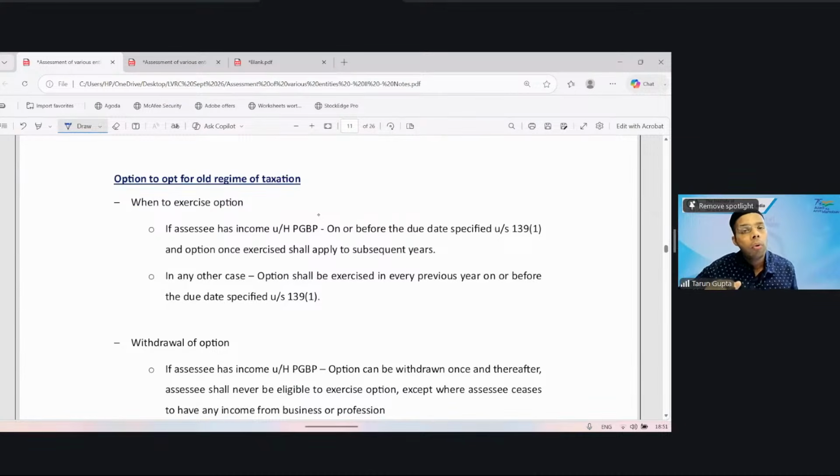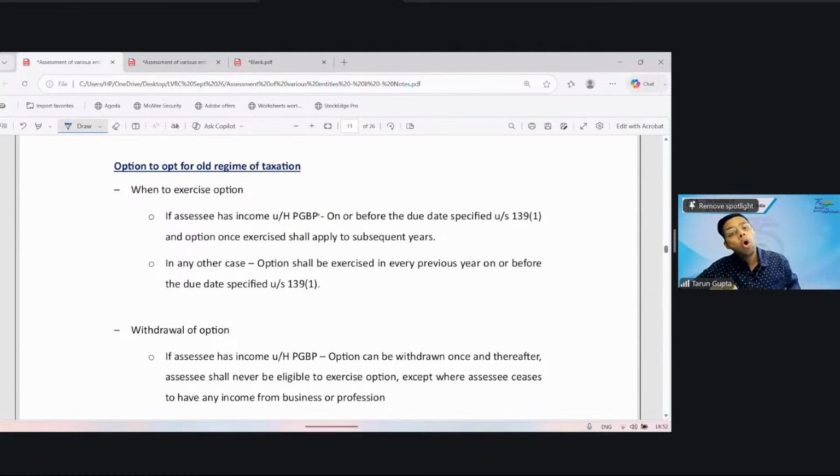Okay. Now, what are the rules for the provision in respect of opting for the new regime or the old regime? So first, understand the new regime is the default regime. If you don't opt, you will be taxed as per the new regime only. Okay.